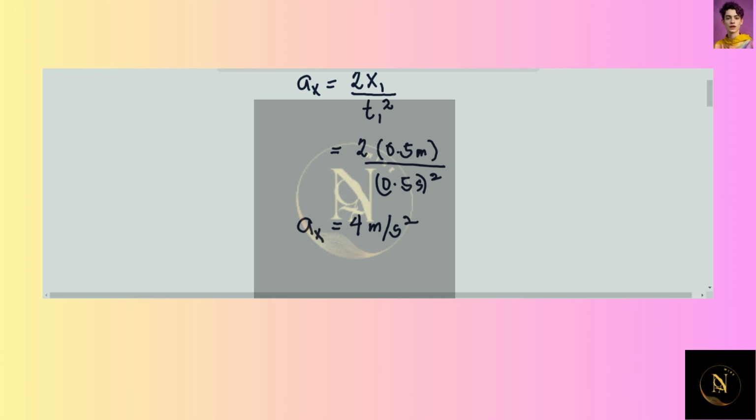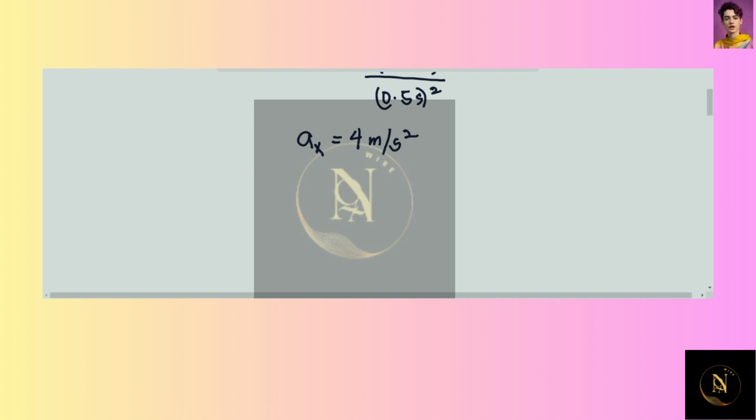Next, we need to know what is the velocity after the first 0.5 seconds. We will use now the velocity formula, which is v sub 1x is equal to v sub naught x plus a sub x multiplied by t sub 1.